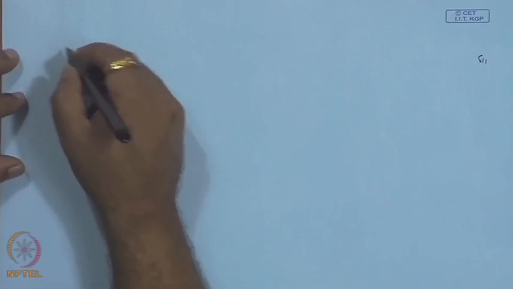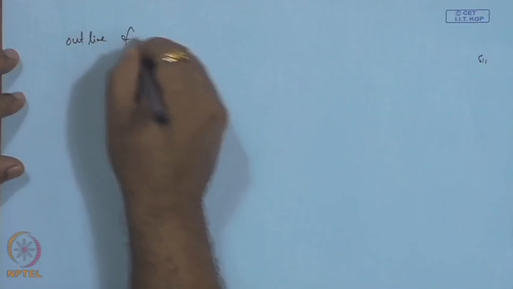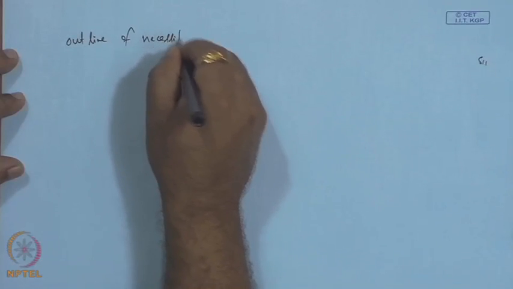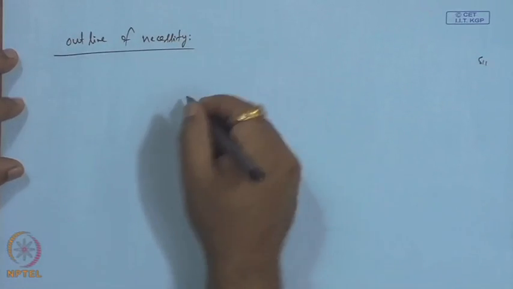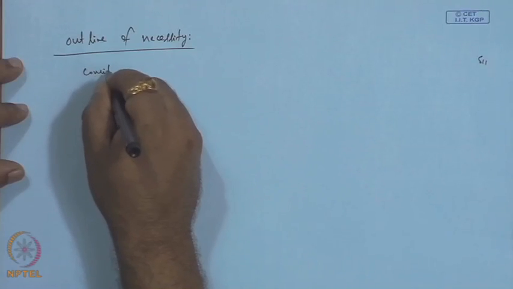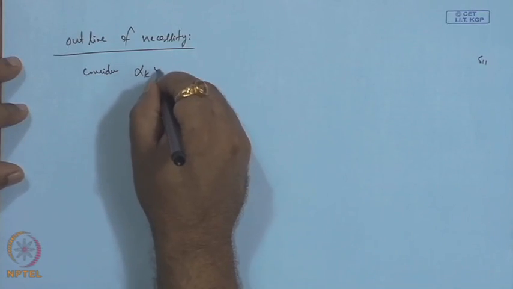Now we have to see some outline of the necessity, meaning what to do with the root condition. So, consider our method in a more general form.